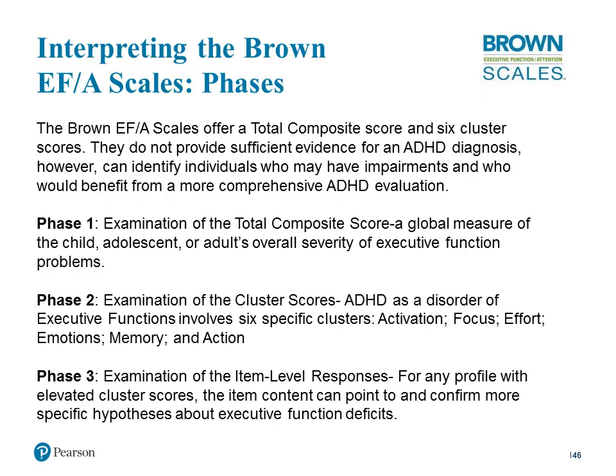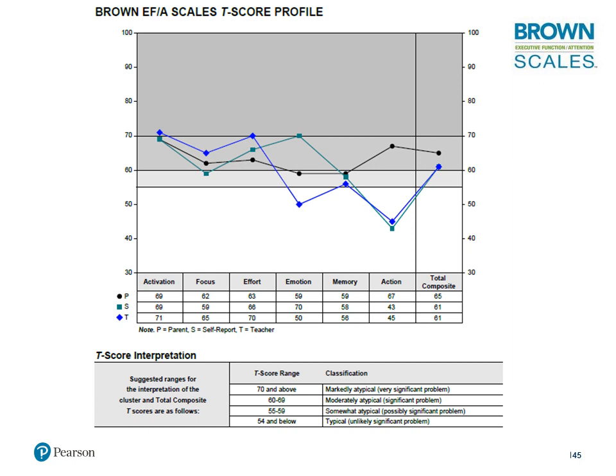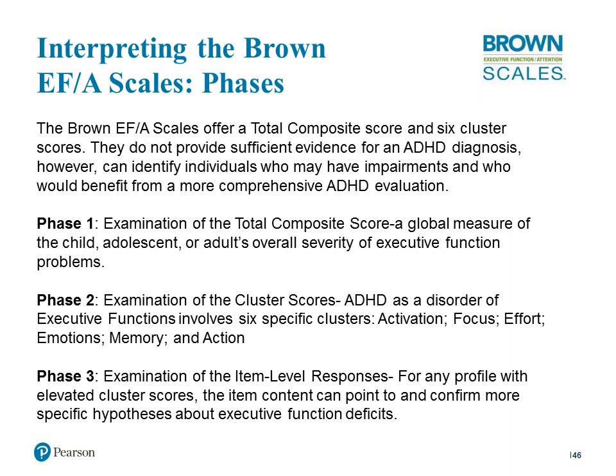All right, the overall composite score, as we see, is not quite at the 70 level, but it is at the 60 level, 60 T-score, so above that, so it's moderately atypical. So again, when we are looking at using the results from the Brown, the first phase is to look at that overall score. So we have a student that has an overall executive functioning deficit, most likely. So they're at risk for that, at least.